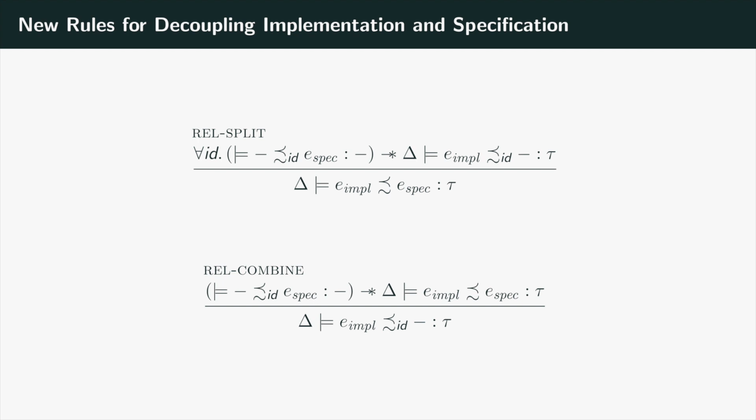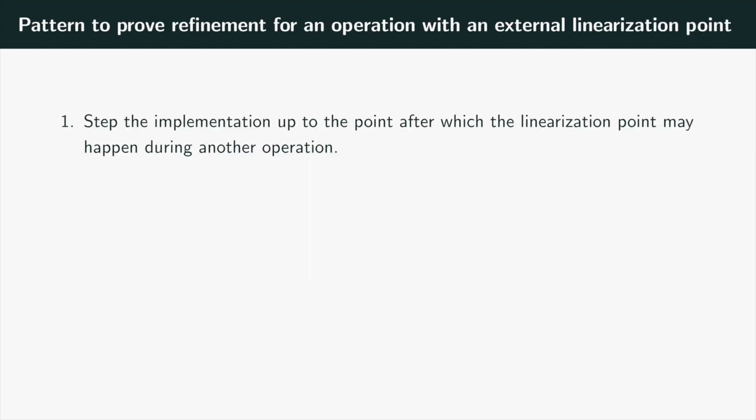With these changes in place, one can then verify an operation with an external linearization point as follows. First, symbolically execute the implementation up to the point after which the linearization point may happen during another operation.